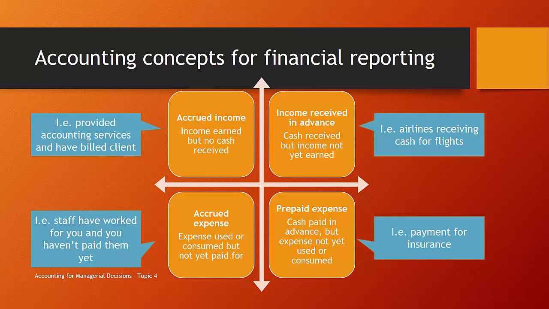So if you're going to get the benefit from it, you have to buy it up front, and then you get the insurance benefit, the coverage from it over a period of time. That's the benefit that you'll get. And so you don't show an expense at the time that the cash moves. All you're effectively doing is swapping one asset, cash, for another asset, a prepaid expense.